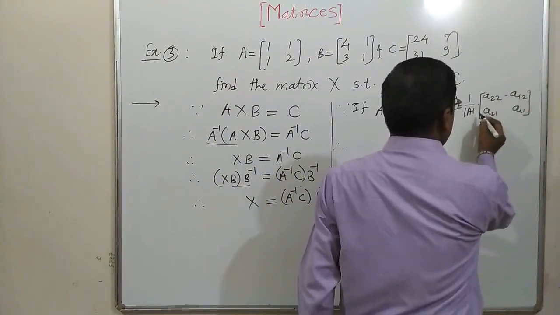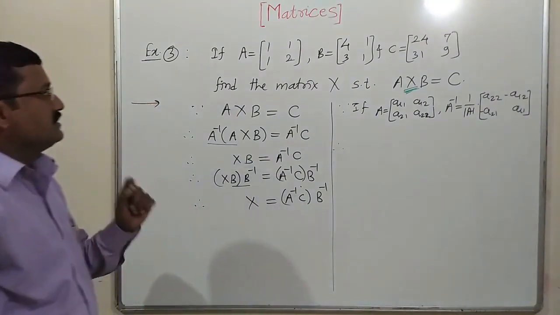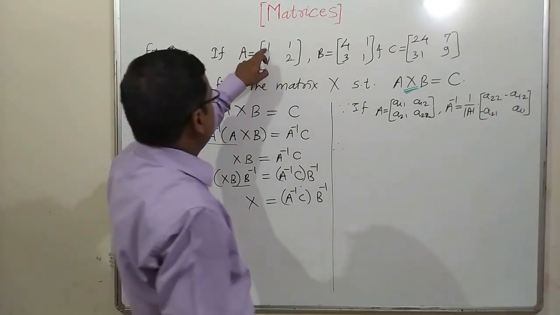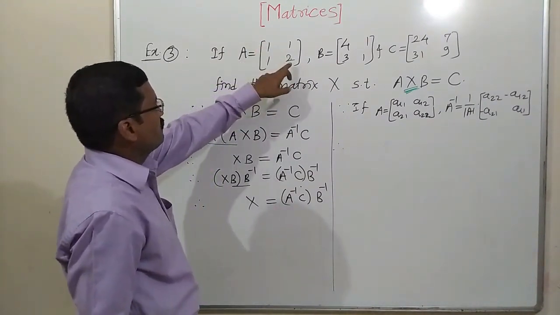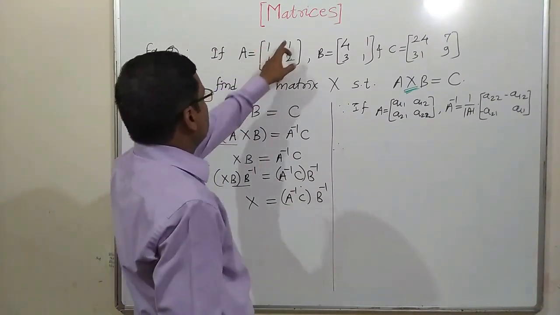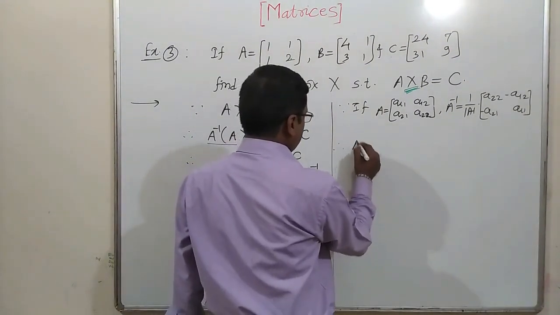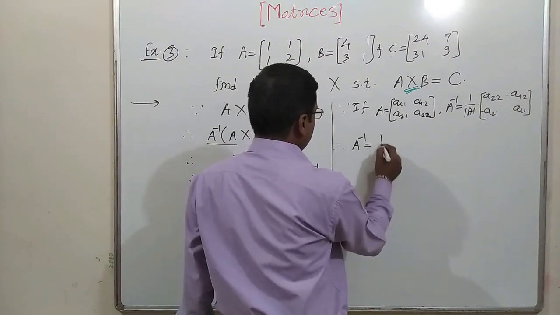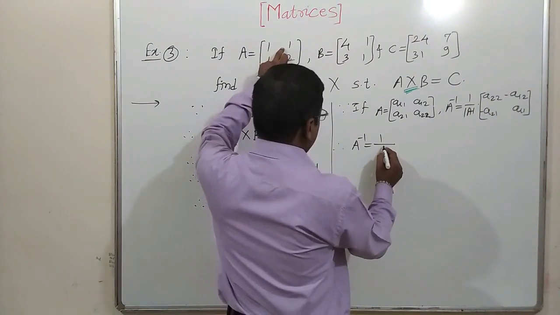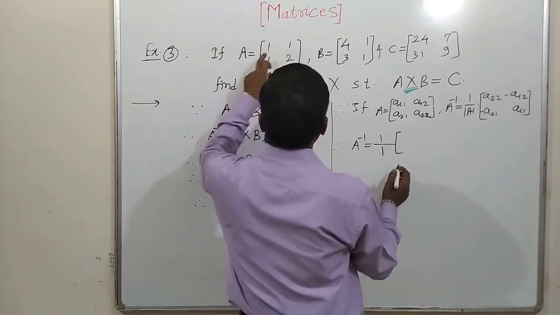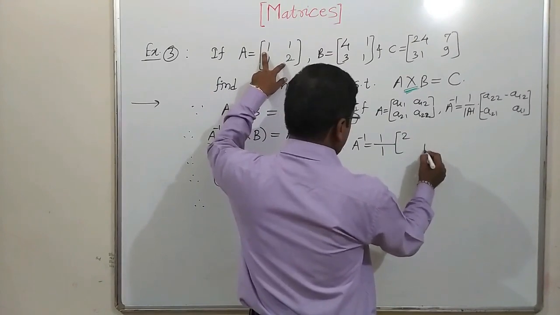Sorry, here is a negative sign. So there is a certain change in each element. Here A11 takes the position of A22, and A22 takes the position of A11, and change the signs of these two elements. So A inverse is equal to 1 upon determinant of A. Determinant of A is 2 minus 1, that is 1, into, change these two elements, 2, 1.